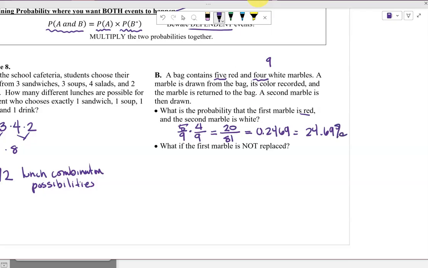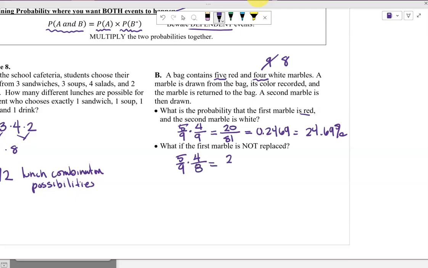Okay, what if the first marble is not replaced? These just became dependent. All right, the first marble is not replaced. So what's the probability that the first one is red? That's 5 out of 9. But you don't replace. There are no longer 9 marbles in there. There are only 8. So now what's the probability that you get the second marble to be white? Well, there's 4 white marbles in there now out of 8.